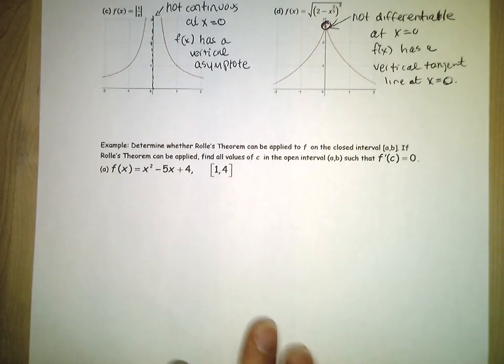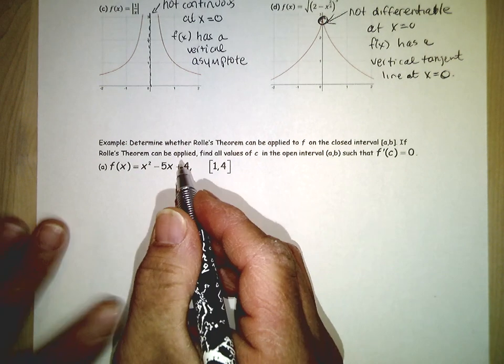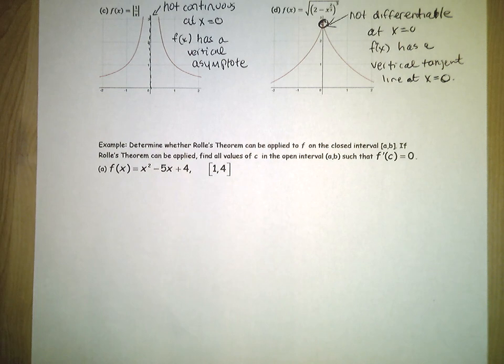Now, we're going to determine whether Rolle's theorem can be applied to f on the closed interval a to b, and if Rolle's theorem can be applied, then we're going to find the values of c in the open interval a to b such that the derivative at c is equal to 0.